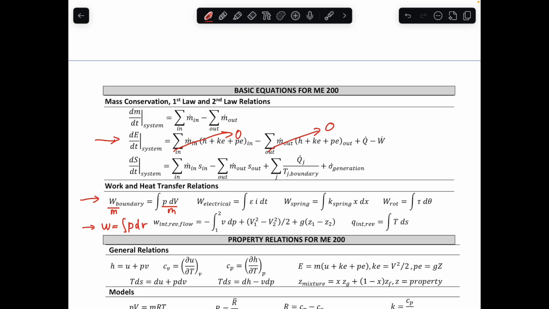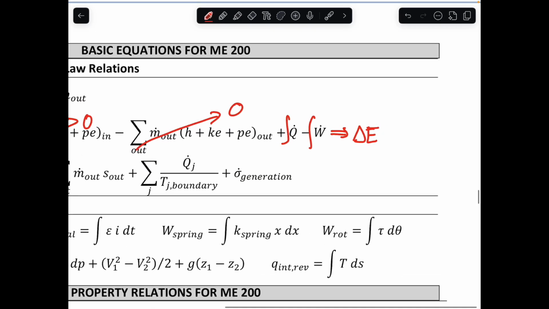It's still in differential form, so we can integrate each of the terms and get rid of the time dependence. The d/dt goes away, and the dots will also go away. So we get delta E, the change in total energy of the system, equal to the total heat transfer minus the total work.